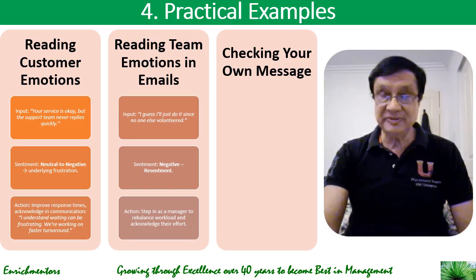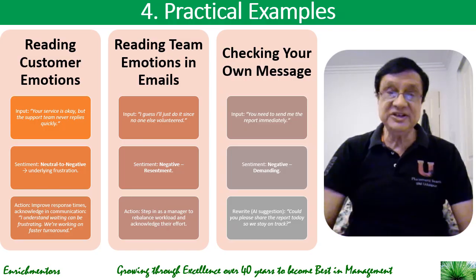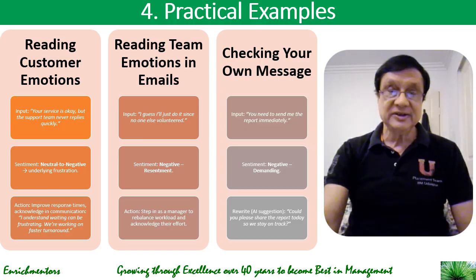You want to send out a message like, you need to send me the report immediately. The sentiment there would be negative as well as demanding, as AI would revert to you, and then AI would suggest you rewrite it as, could you please share the report today so that we stay on track. So those are the practical examples of these three categories.